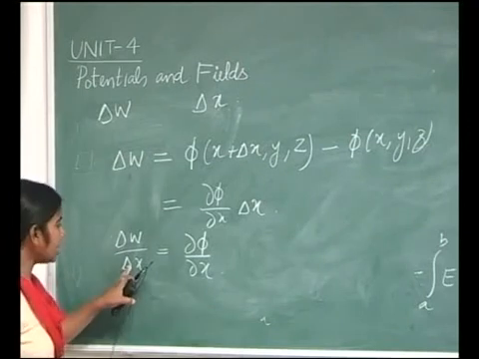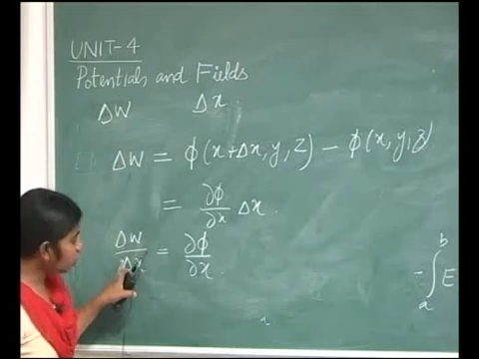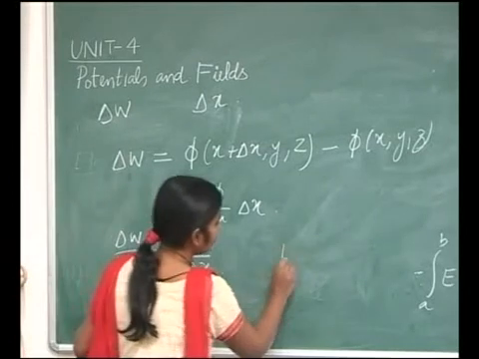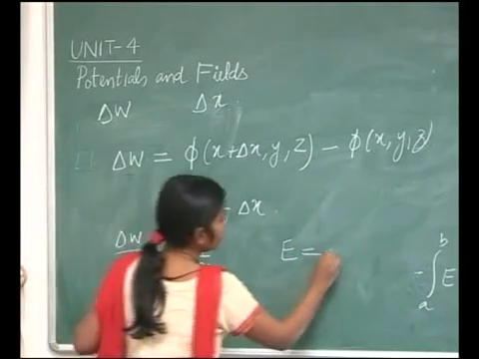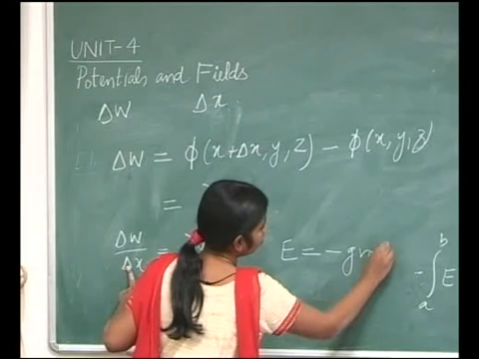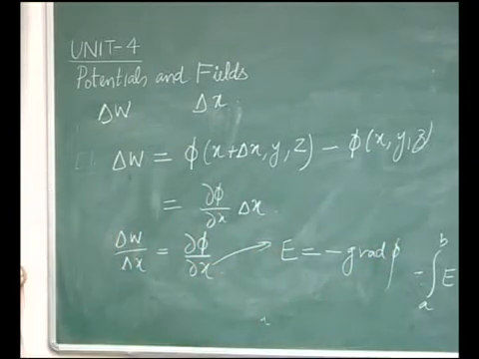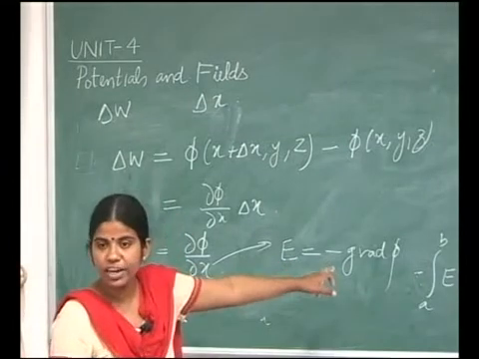Now, for delta x going to 0, I can write that E is equal to, here I will have a negative sign also, E will be equal to gradient of phi from this equation. For delta x going to 0, I can write that electric field is equal to minus gradient of phi.